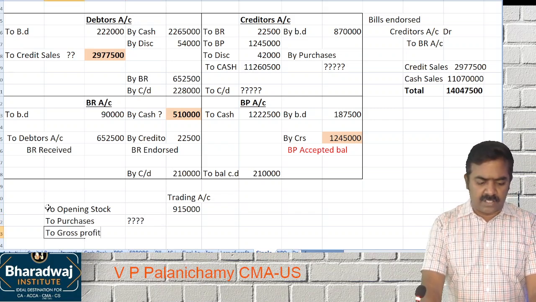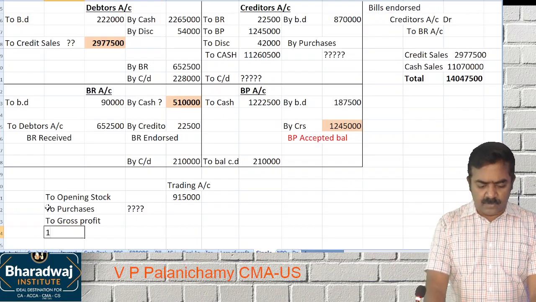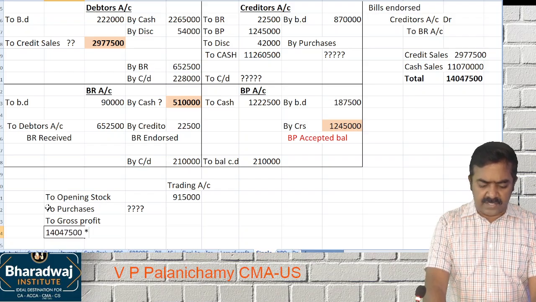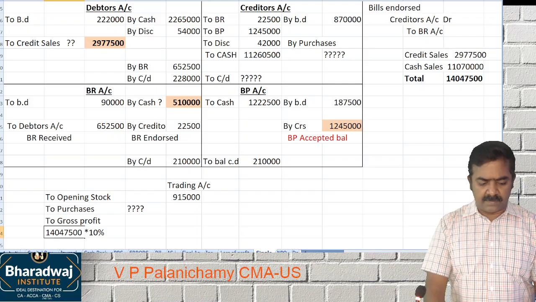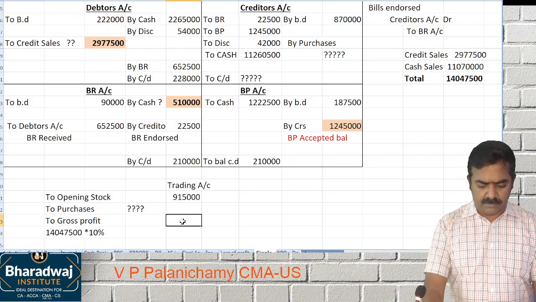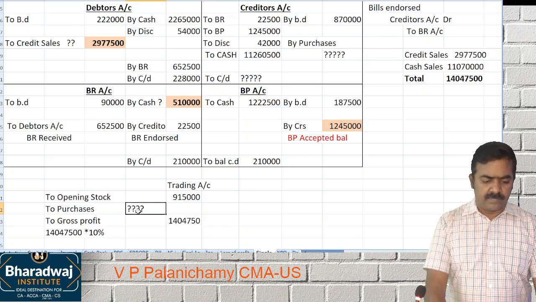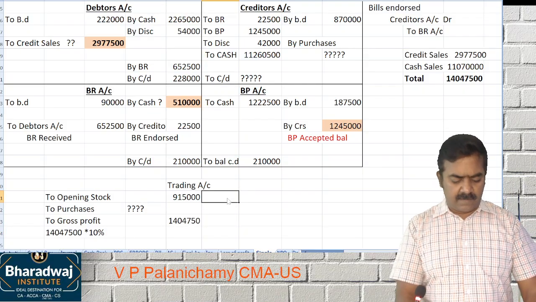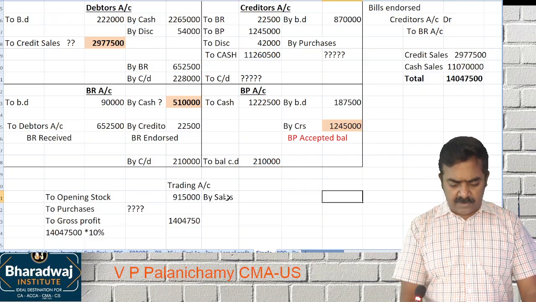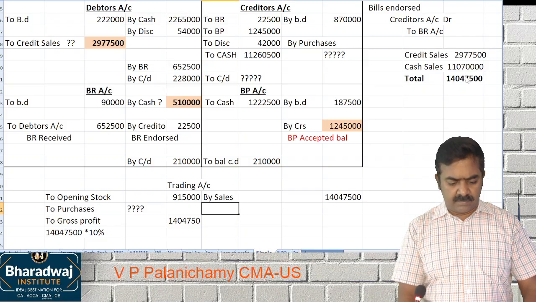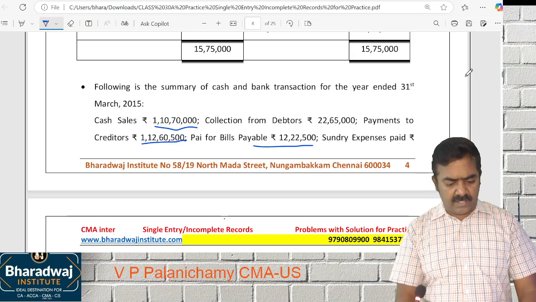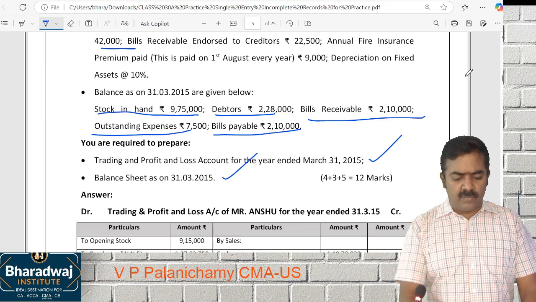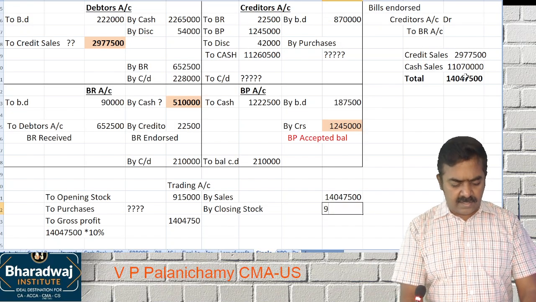Gross profit, how much on sales is given? Total sales 1,40,47,500 into 10%. By sales we know. Closing stock is given in the last 3-4 lines, check them. We are given stock in hand 9,75,000.